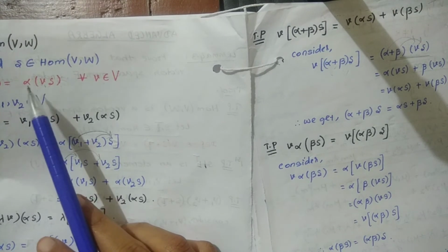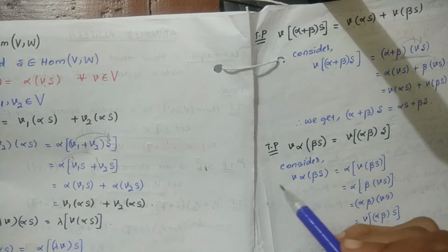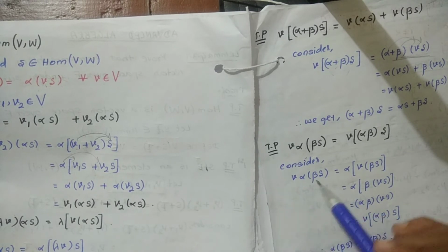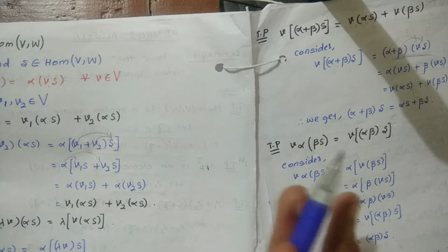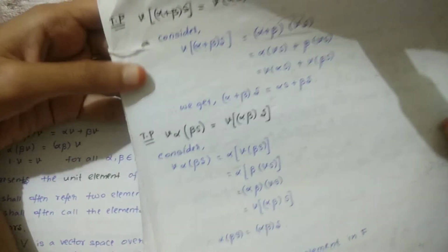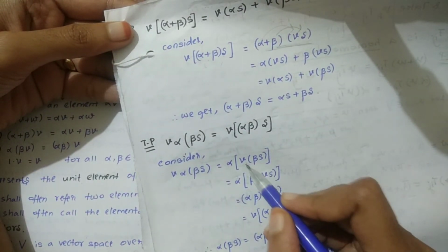The element can be written as alpha outside and other elements in one bracket. You have to concentrate in that, how they are writing. So alpha of beta, take beta outside and vs.